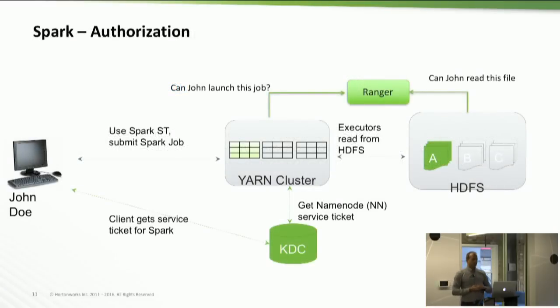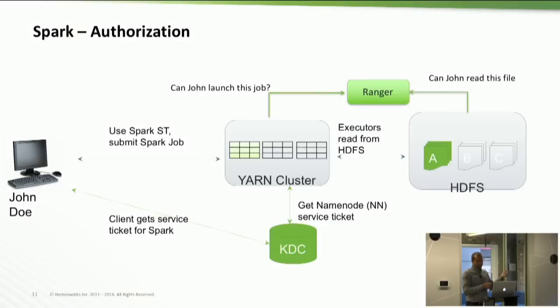So that was authentication. The second A of security is access control, or authorization. When John Doe submits a job, the job goes to the Spark cluster or Yarn cluster. The first control is, can the user launch that job? Within Yarn, there is an access control happening: does the user have access to the Yarn queue to which the job is being sent?